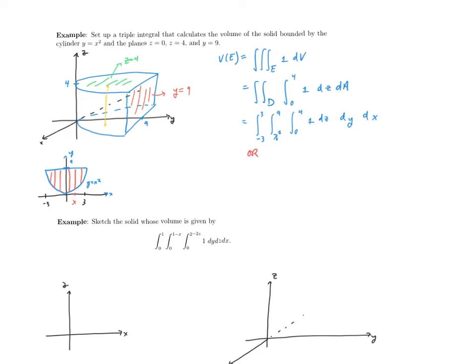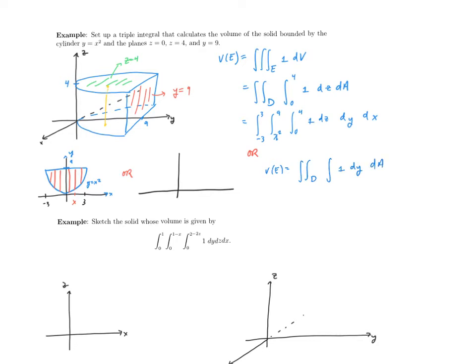So we viewed our surface as varying in that z direction, but as we just indicated in our GeoGebra video, we could easily think of this as varying in the y direction as well. So if we're varying this in the y direction, our basic setup is going to be that the volume of E is a double integral on the outside, a single integral in the y direction.